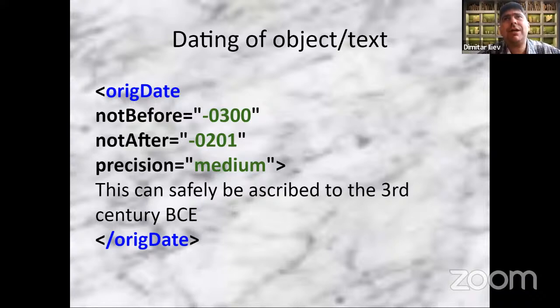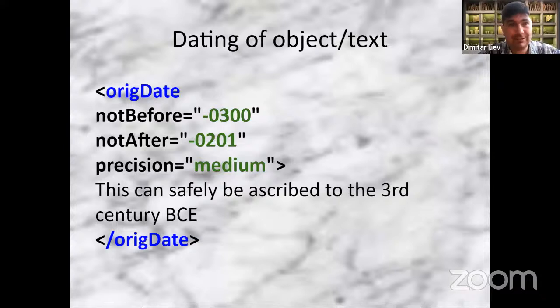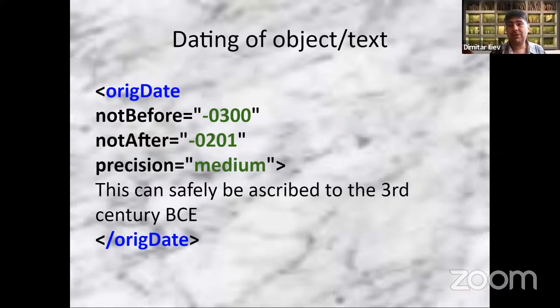Precision low means that you're not sure. Precision high and precision medium are some things that exist in the schema. You can write them down, but otherwise they won't be displayed in any case, and they are not that informative. Only the precision low could be displayed as a question mark here and there, or as a circa, or something like this, but the other ones won't visualize at all.